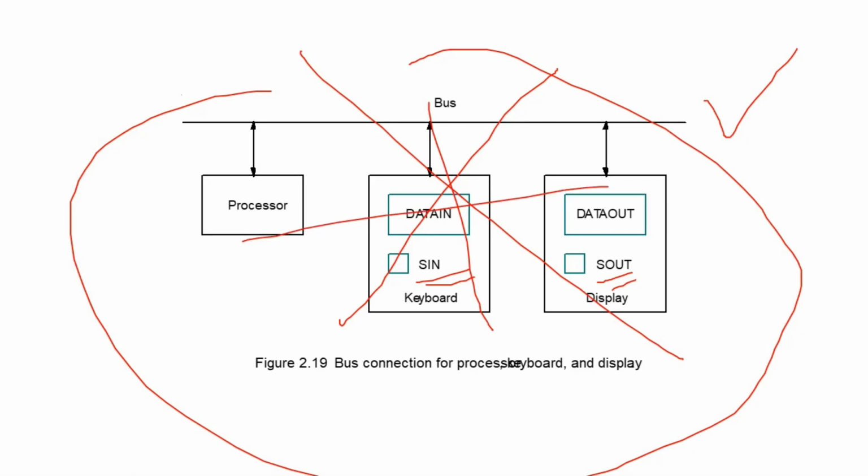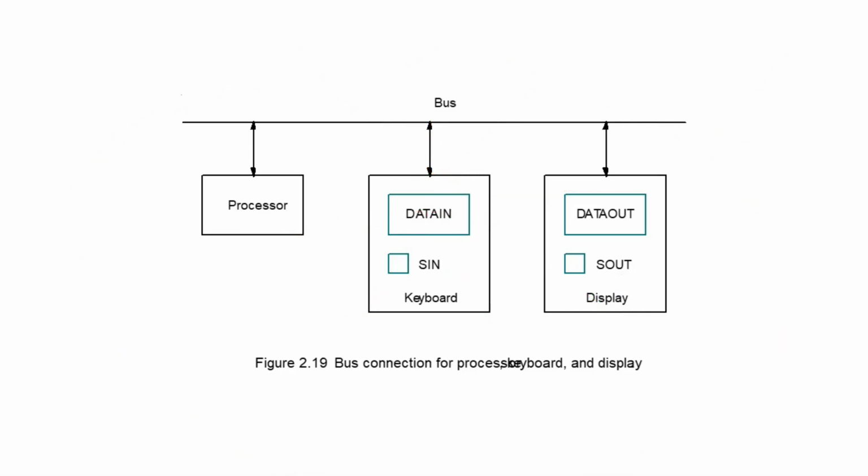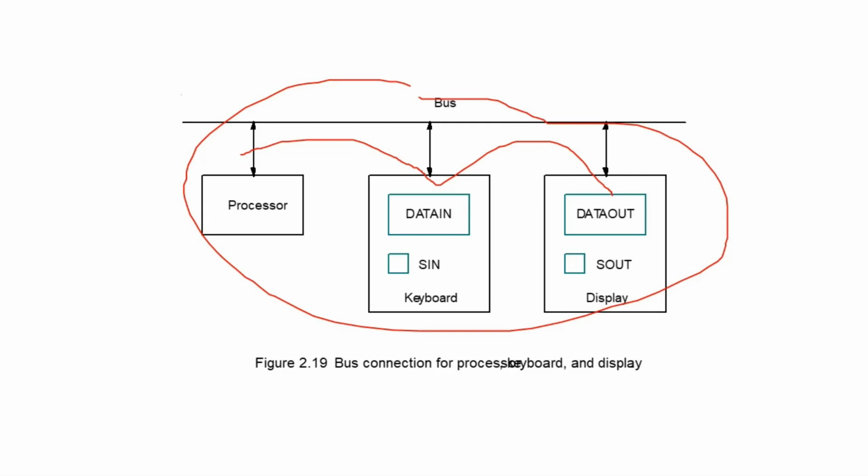This was explained only to understand how the solution works. The practical implementation of signal solutions is completely different, because the processor is not connected to every input output device in this manner. So let us see how practically we can implement the solution of using signals in the next slide.